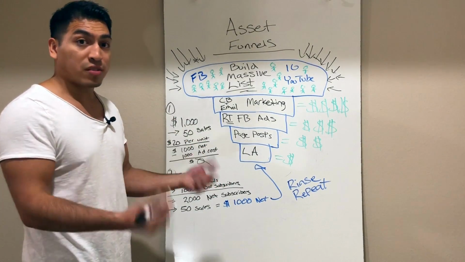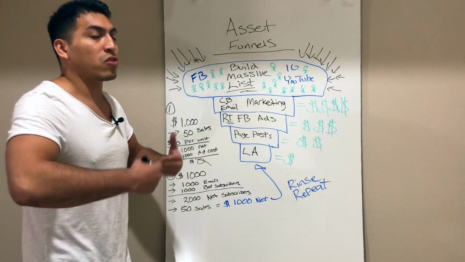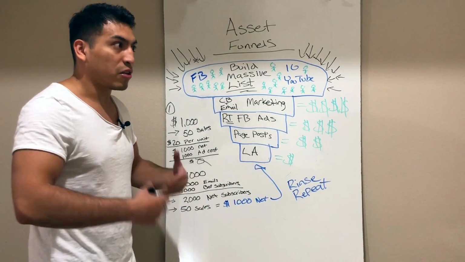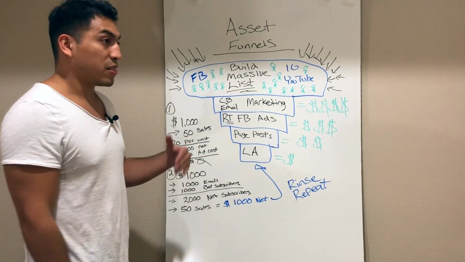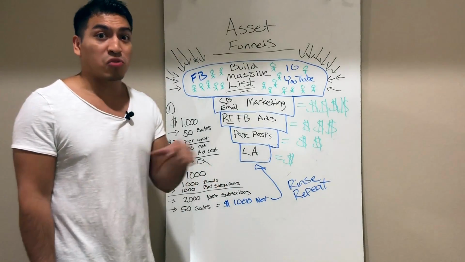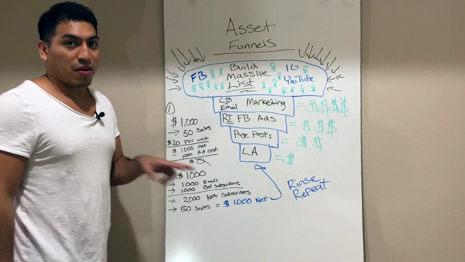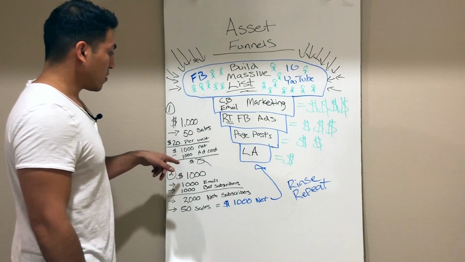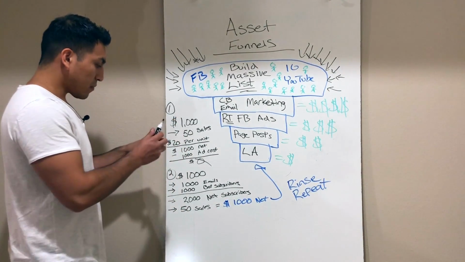So if you have 100 sales fired off through the Facebook pixel, then it starts to get the ball rolling, and you'll get a lot more sales at a lower cost. But until you get at least 100 sales, I would say at least 200 sales, it's going to be very, very, very expensive to do this, right? You need 50 sales, so that's $20 a sale.